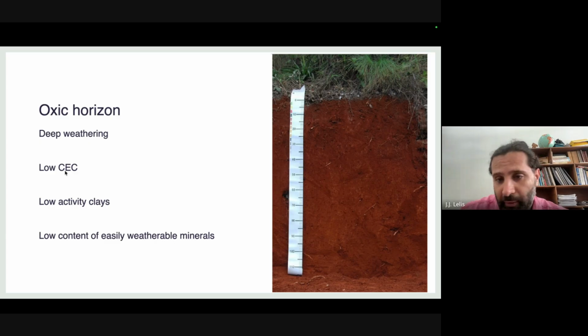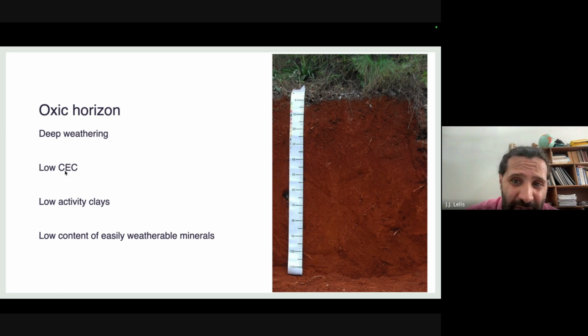Why? I'm saying that we are destroying primary minerals, we are destroying 2 to 1 minerals, and I only have kaolinite, halloysite, iron oxide, sometimes aluminum oxides. All these minerals present a low specific surface, but much more important than this, they express a low amount of negative charge at the surface.